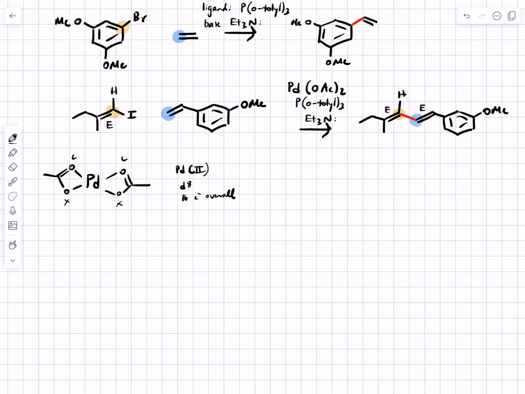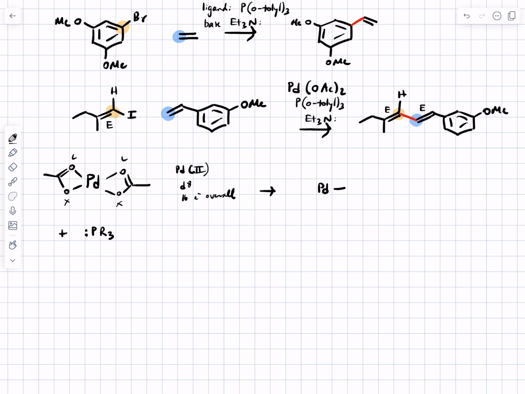The reaction can undergo ligand exchange if we start to add the ortho-tolyl phosphine, which I'm going to abbreviate as PR3. We can get palladium bound to multiple phosphine ligands.